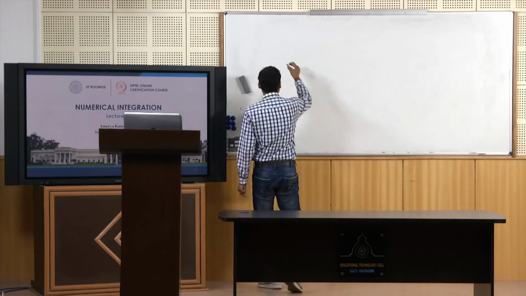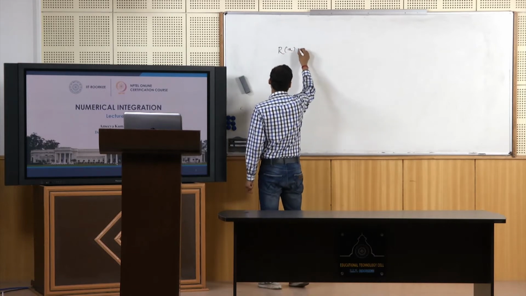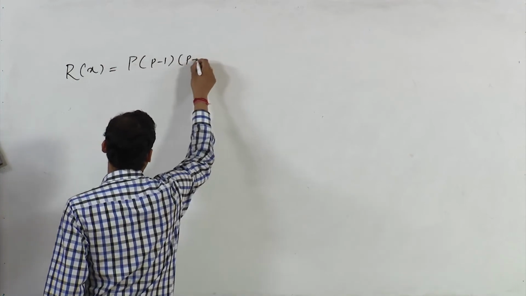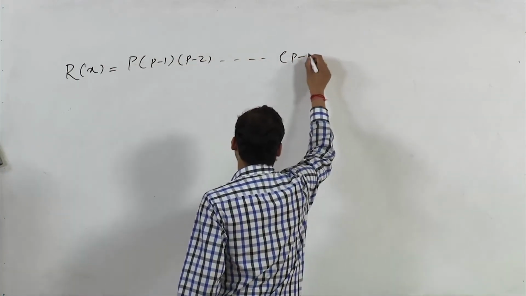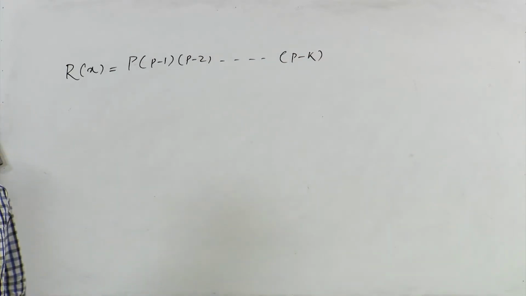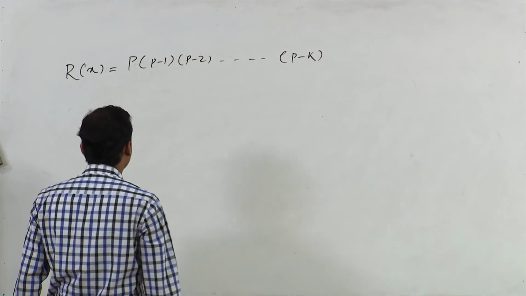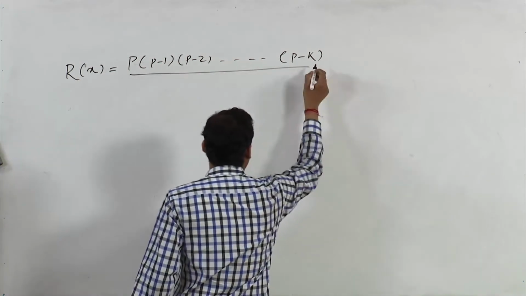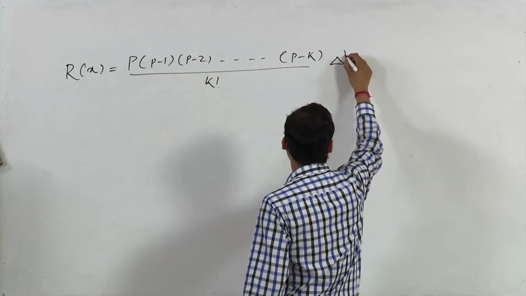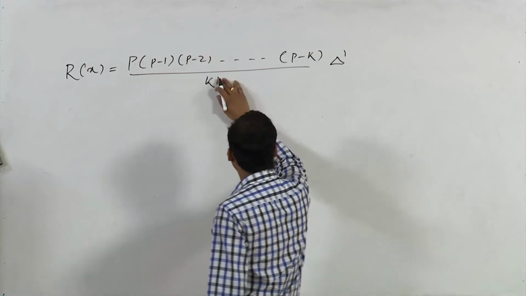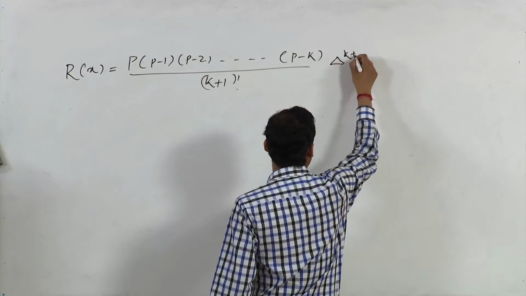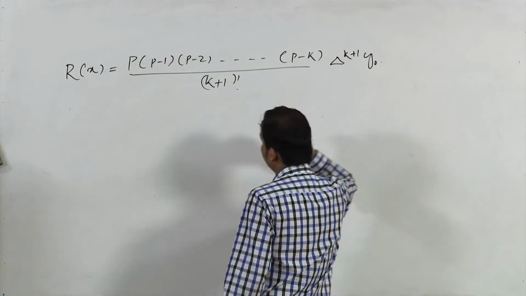For this Newton's interpolation formula, the error term R of x can be written as p into p minus 1 into p minus 2 up to p minus k, if we write up to the kth term, divided by, sorry, k plus 1 factorial, and del to the power k plus 1 y0.